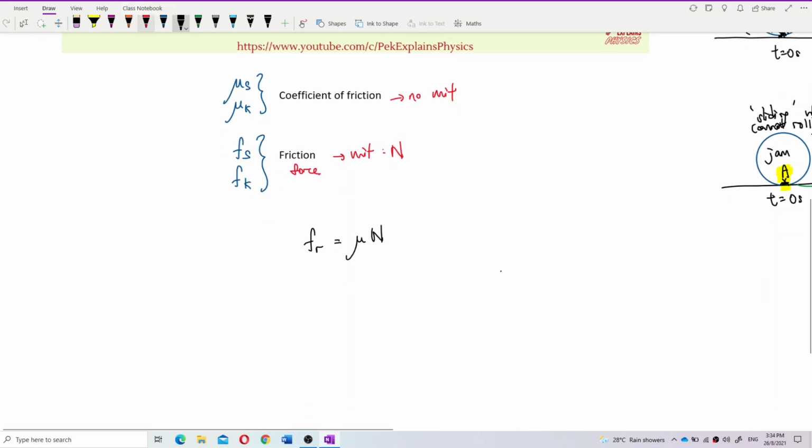We know that this mu is called the coefficient, and this n is the normal force. This coefficient is based on the surface in contact.